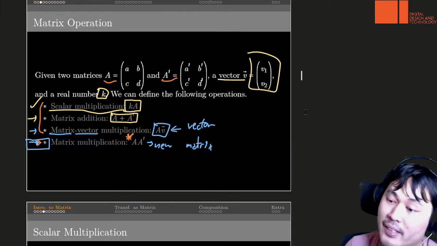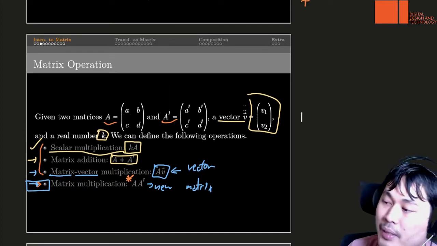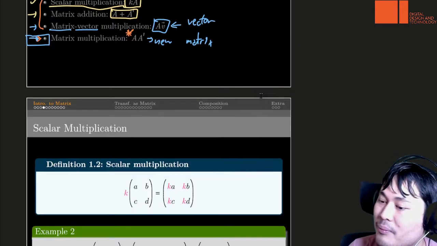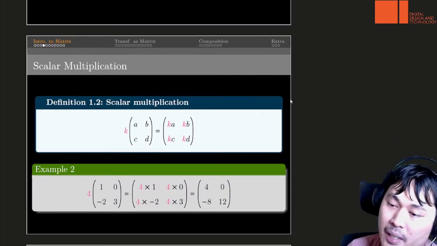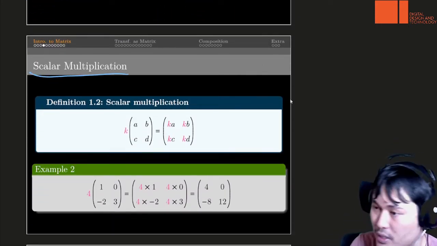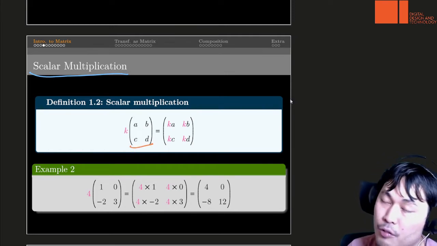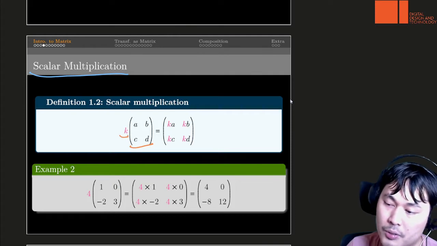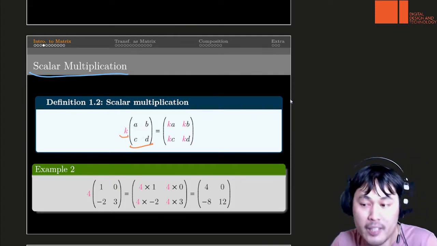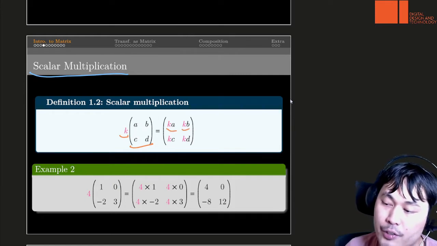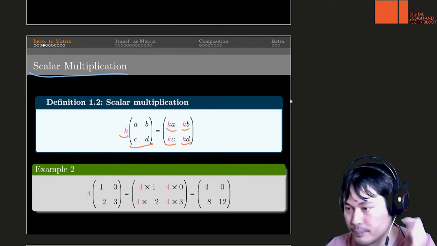So there are 4 basic things you can do using matrices. So let's see how we can accomplish those things. First we have the scalar multiplication, which is simply saying that if you multiply a constant to a matrix, then you can achieve that by multiplying every single entry by that constant.